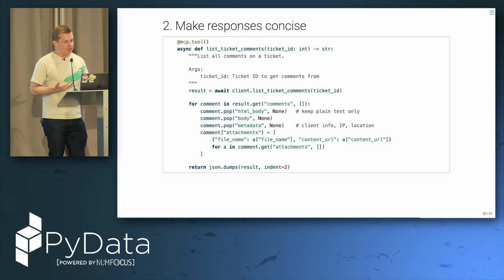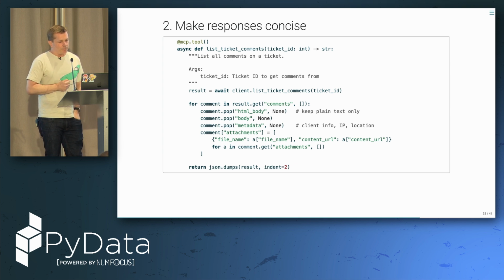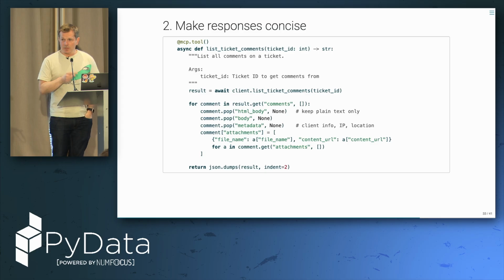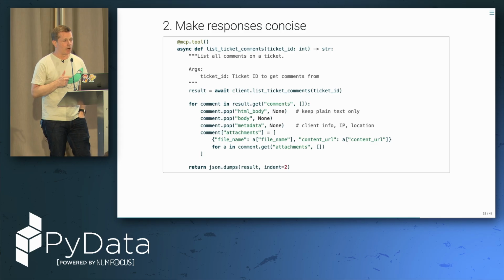Likewise with attachments, I need to know that there's an attachment. The attachment could be the logs that I want. I have a separate tool for being able to process the attachments, but I don't need the thumbnail of the image or whatever. It's all just junk. And if you forget to clean your responses, Claude will probably let you know. Your agent will let you know.